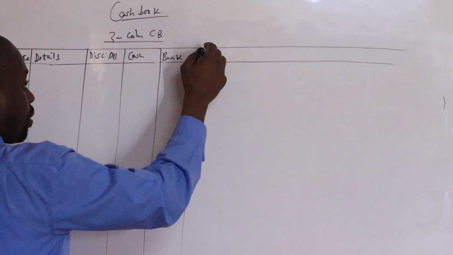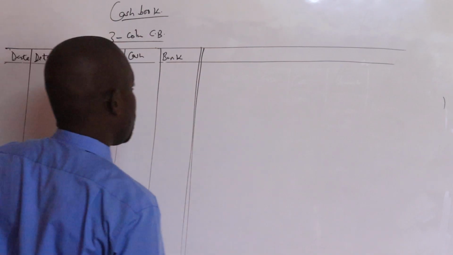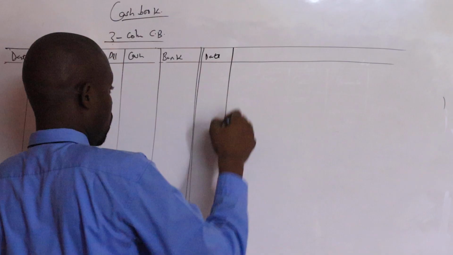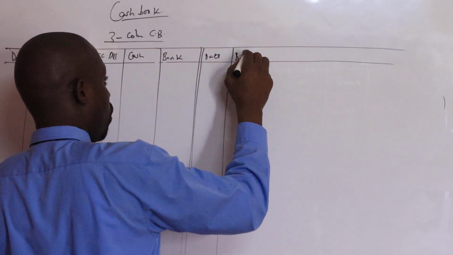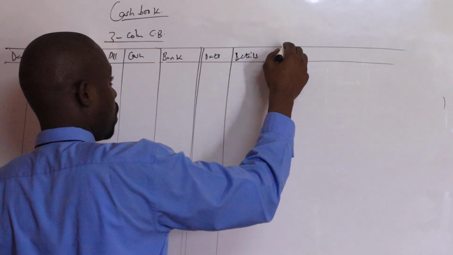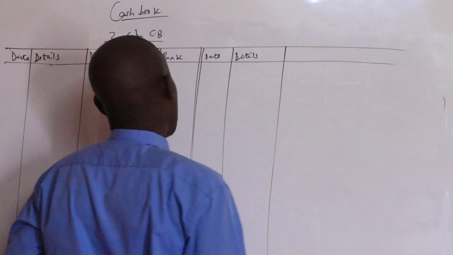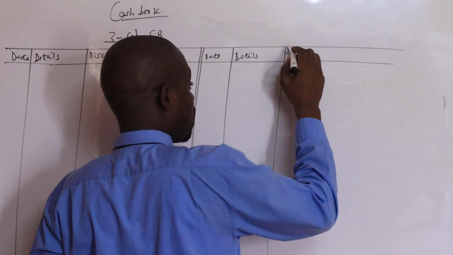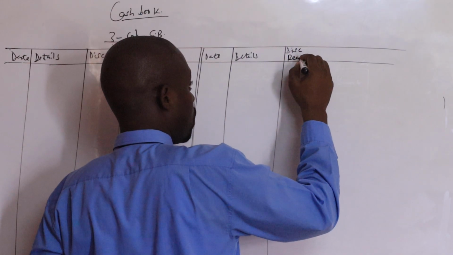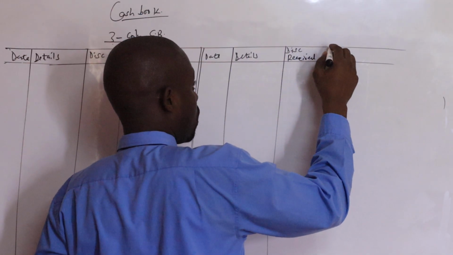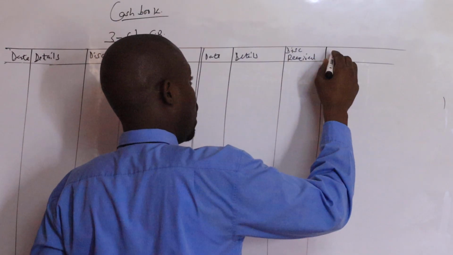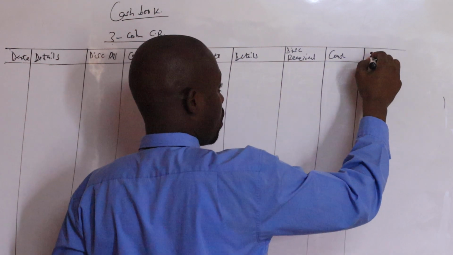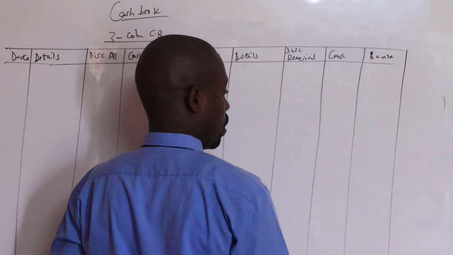Then double lines, go to again, date, details or particulars. The amounts begin, discount received, cash will follow, and then bank will be the last one.